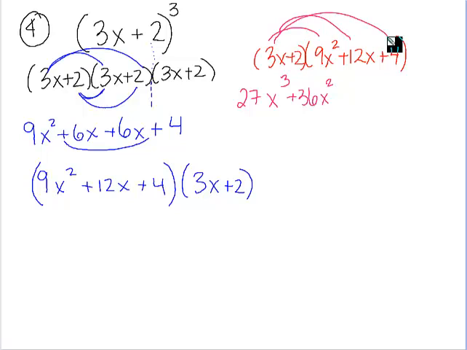And then 3x times 4? 12x. Okay, what do we distribute next? The 2. So 2 times the 9x squared. 18x squared. Good. 2 times the 12x. 24x. And 2 times the 4. 8.